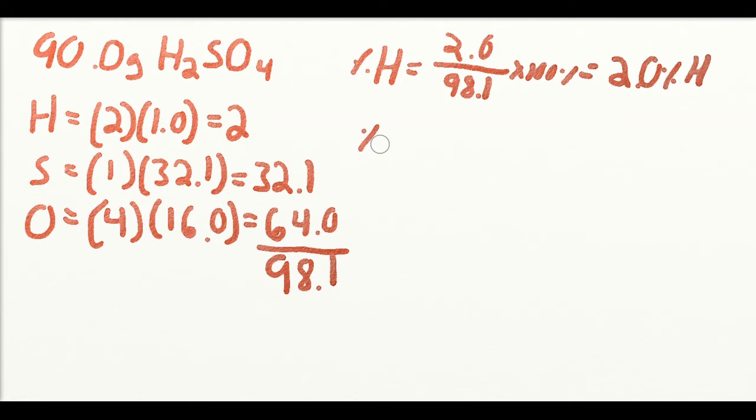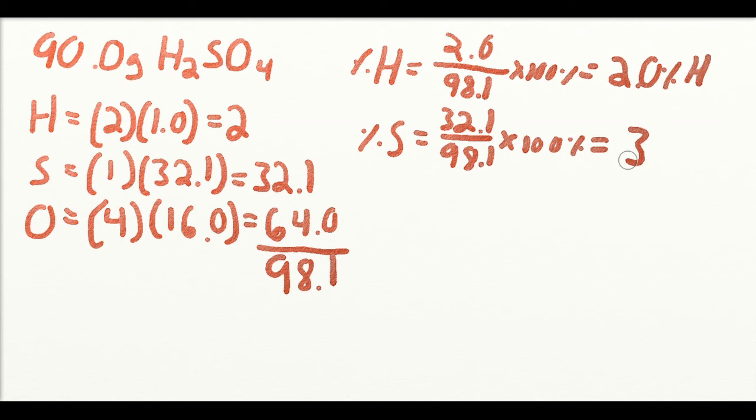Next is the percent of sulfur, which is 32.1 divided by the molar mass times 100% equals, so let's see, 32.1 divided by 98.1 times 100 will give us 32.7% of sulfur.